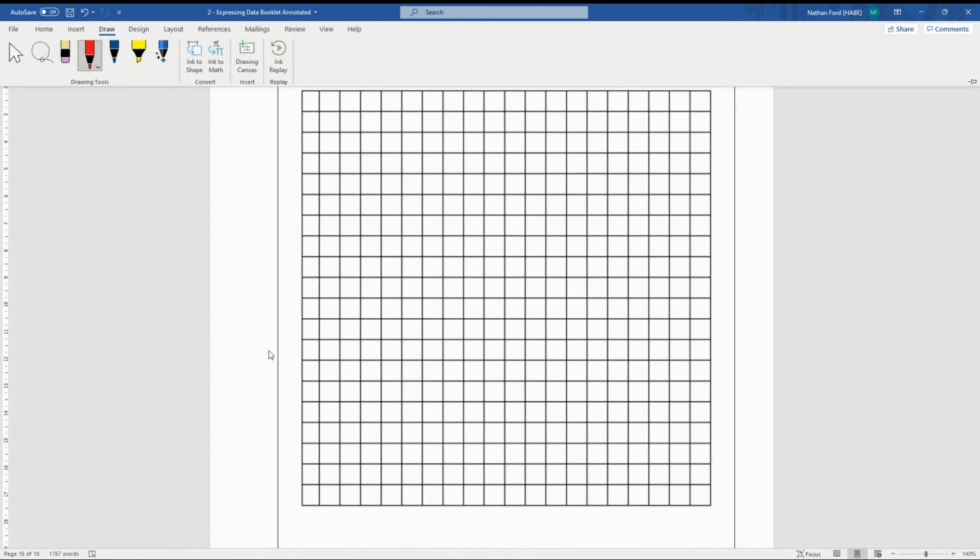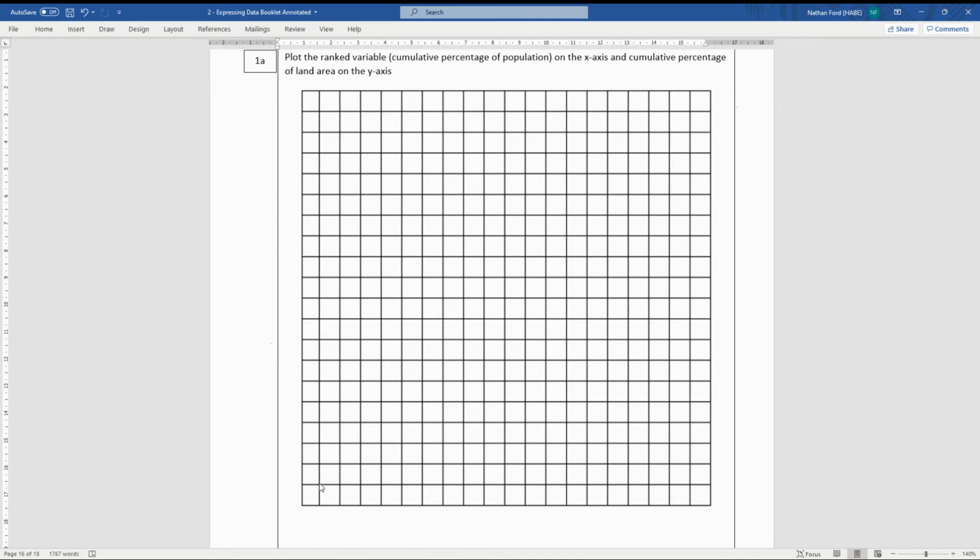So let's count again. We're going to count out how many boxes we've got. 1, 2, 3, 4. So there's over 20 boxes across and 20 boxes up. So let's just put our point here. This is going to be our initial point. And let's say 10, 20, 30, 40, 50, 60, 70, 80.